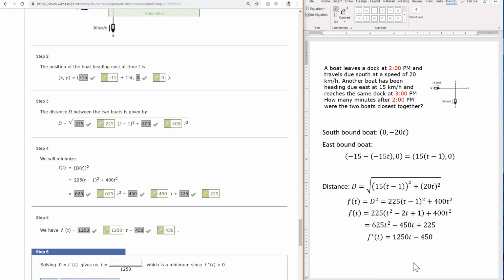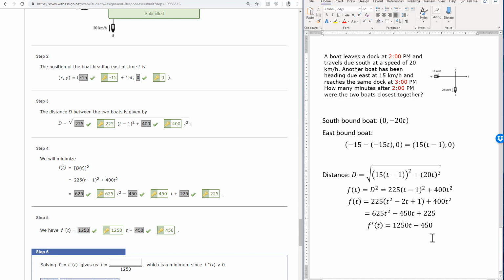So now we're going to set that equal to 0. It's a nice linear term. So if this was set equal to 0, then we can just add 450 to both sides, and then we'll divide by 1250.